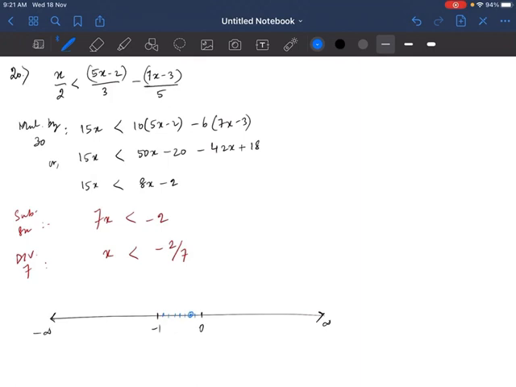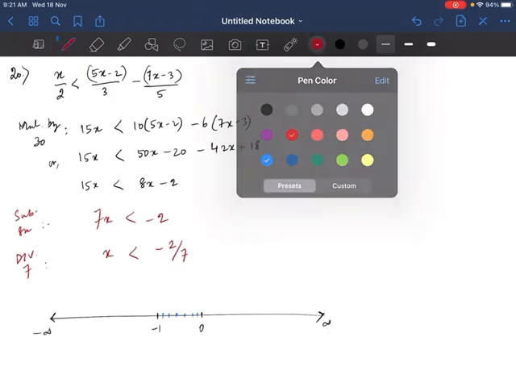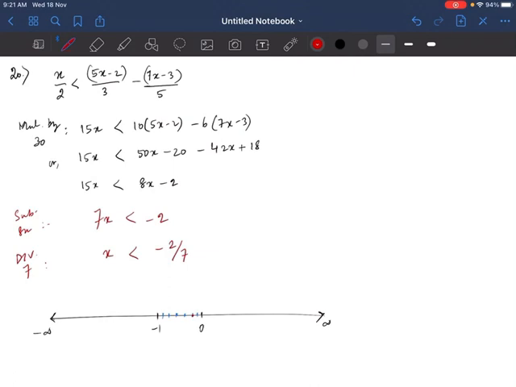Actually, we have to divide it into 6 parts because, wait a second. Yeah, 1, 2, 3, 4, 5, 6. Now that's okay. So this is the point which signifies minus 2 by 7. Look here.